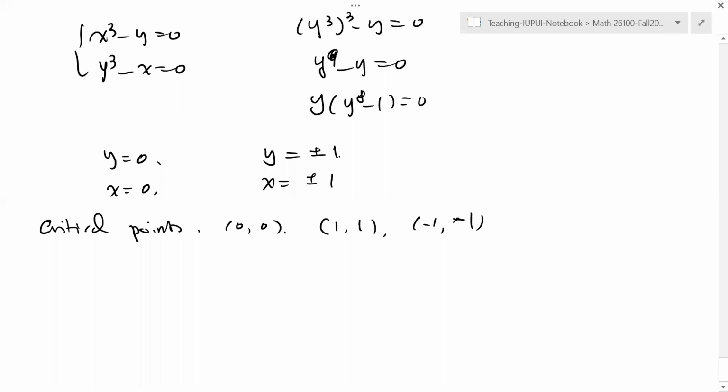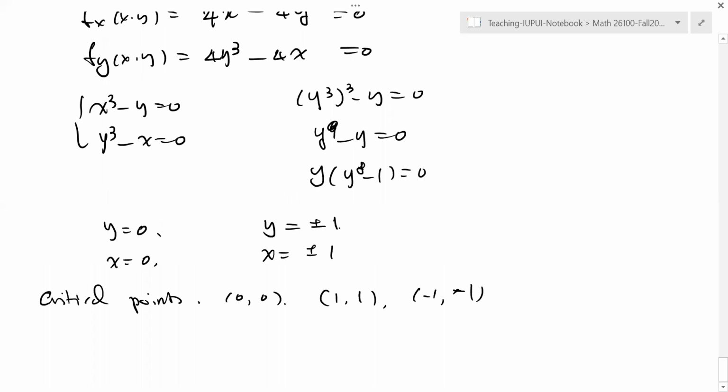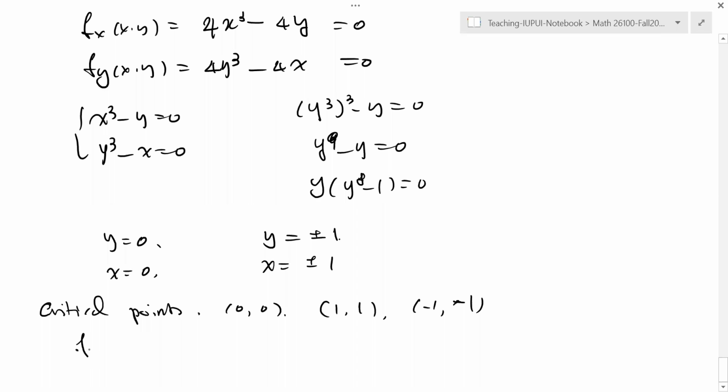We have to check each of them. Using the second derivative test, I'm going to find the second derivatives of the function. Fxx is going to be 12x squared.